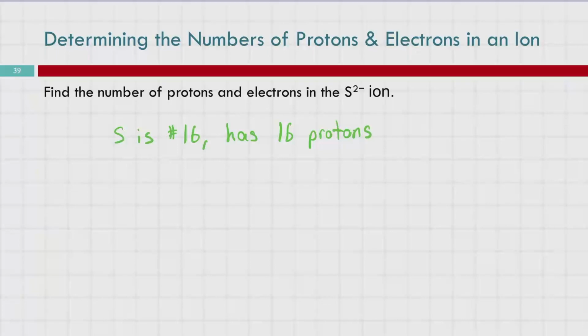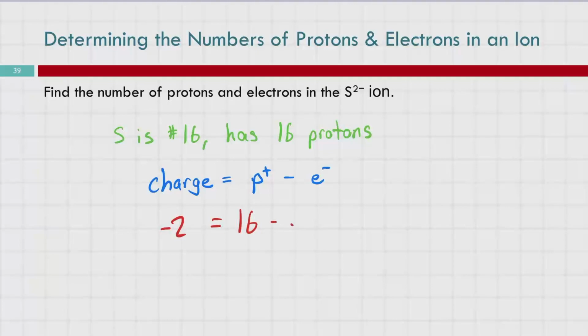2 approaches to figuring out how many electrons it has. One of the approaches is we use that formula. So that formula is charge equals protons minus electrons. We have the charge, it's 2 minus. We have the number of protons, it's 16. So 2 minus, we'll write it as -2 for now. It should be 2 minus, but we'll write it that way.